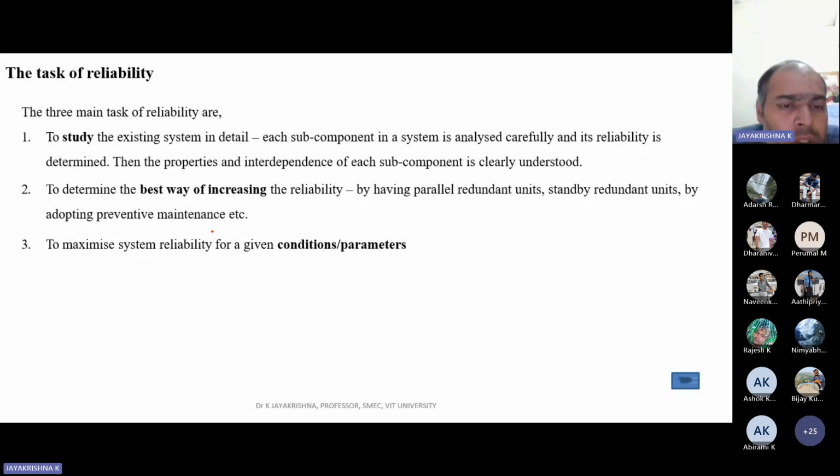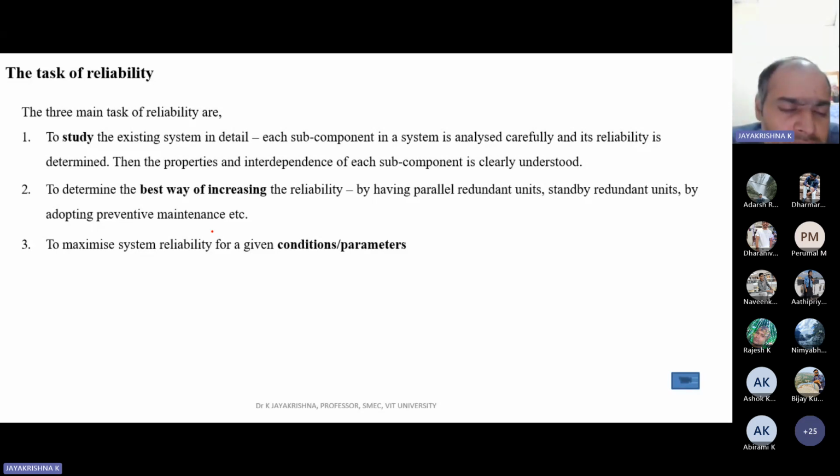The third point is to maximize reliability for given conditions or parameters. Because as per the definition of reliability, we know that it's also about the operating conditions in which the equipment has to run or function. So maximizing the reliability for a given condition or parameter is also very important. So these are the three main tasks of reliability. What are they?